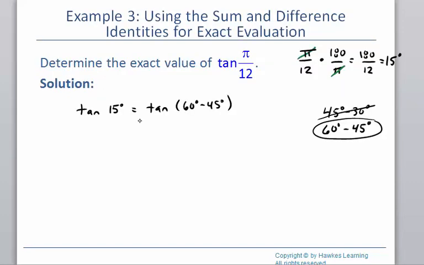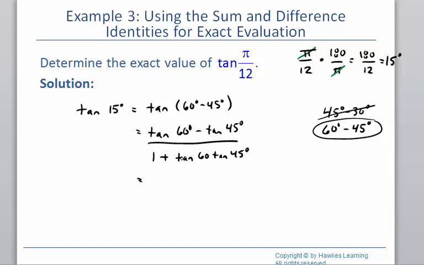So we will have, I'm just going to write that formula down, tangent 60 minus tangent 45, and on the bottom, we're going to have 1 plus tangent 60 times tangent 45. We've already seen from our chart that tangent 60 is square root of 3.